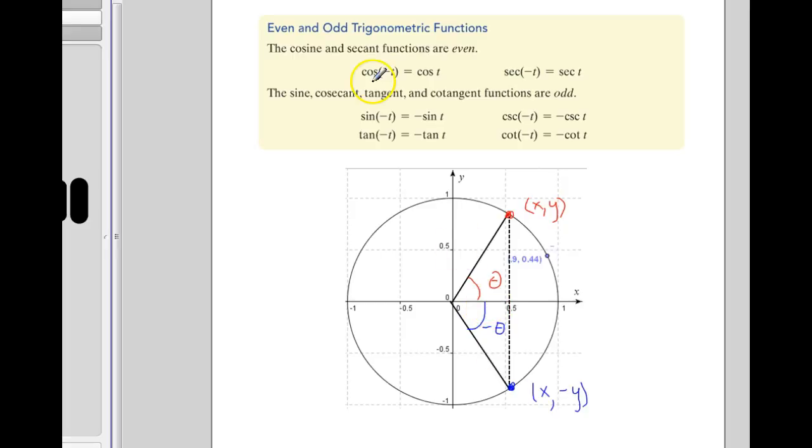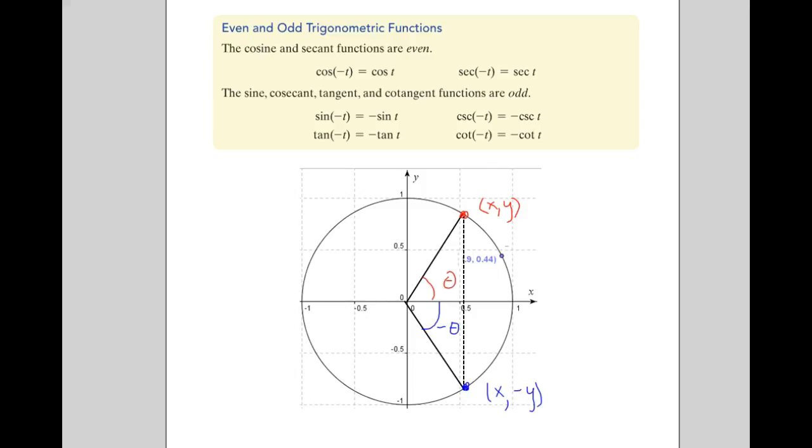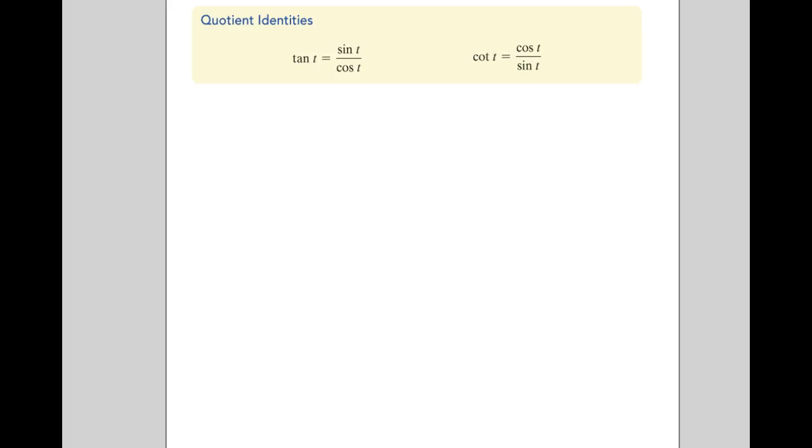It's the same thing, just opposite. So cosine ends up being the exact same. Sine and tangent, though, are opposites of what they were before. And because cosecant and cotangent are reciprocals, they end up having the same properties as the original three. Alright, that's the even and odd properties of these.